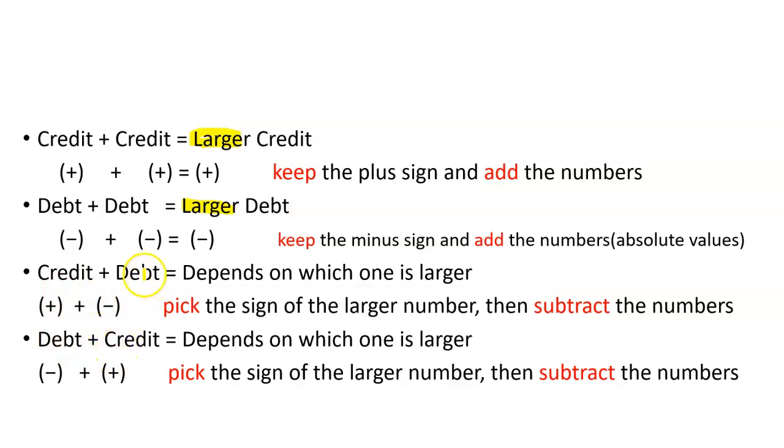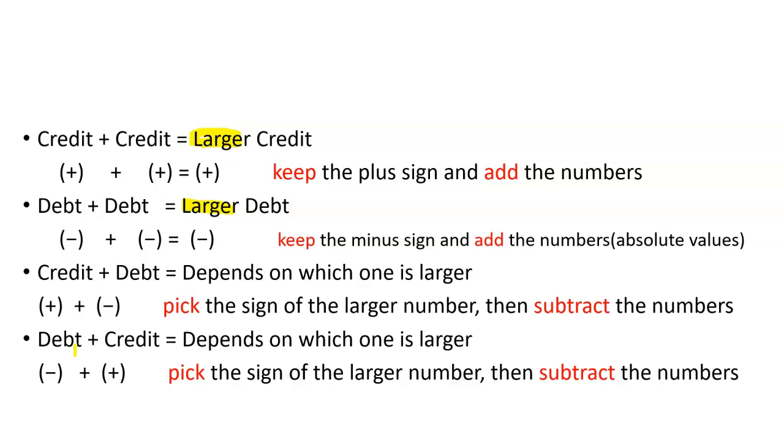But if the number after the minus sign is bigger than the number after the plus sign, that means you have more debt, and you will still be in debt.